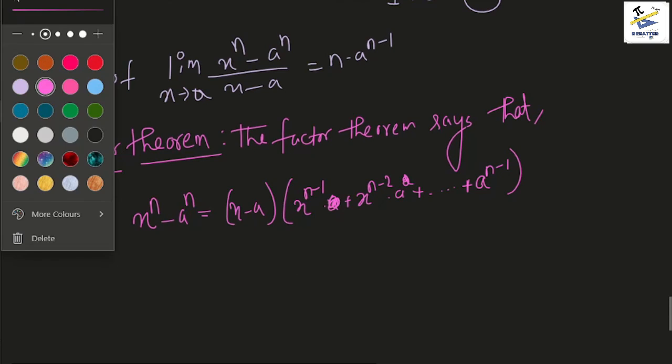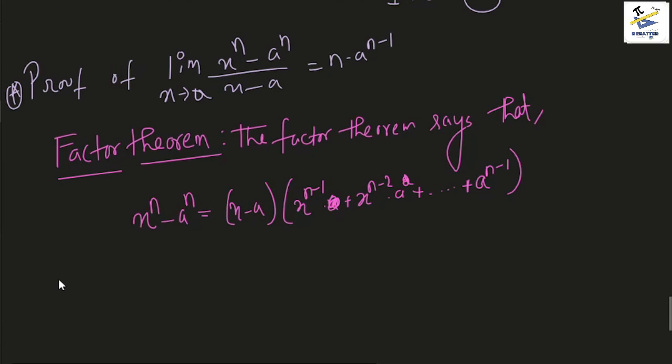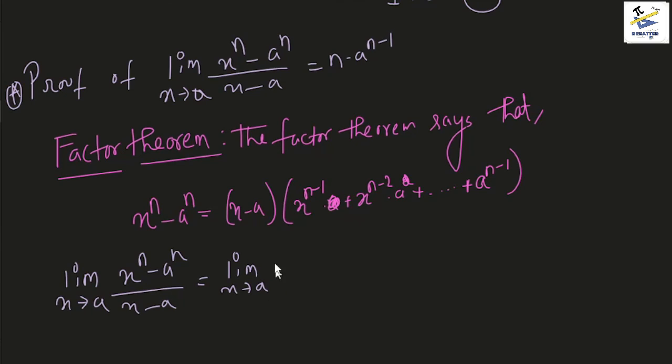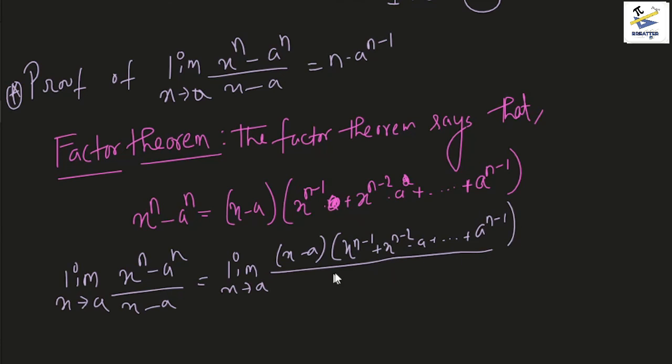So if we use this factor theorem, we can easily see that limit x tends to a of x to the power n minus a to the power n divided by x minus a would be equal to limit x tends to a of x minus a into x to the power n minus 1 plus x to the power n minus 2 into a and all the way up to a to the power n minus 1, divided by x minus a, right?